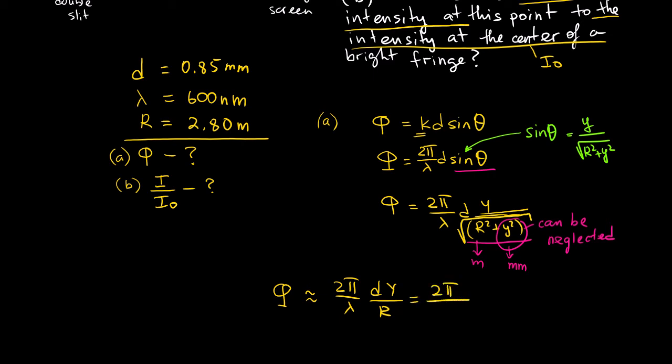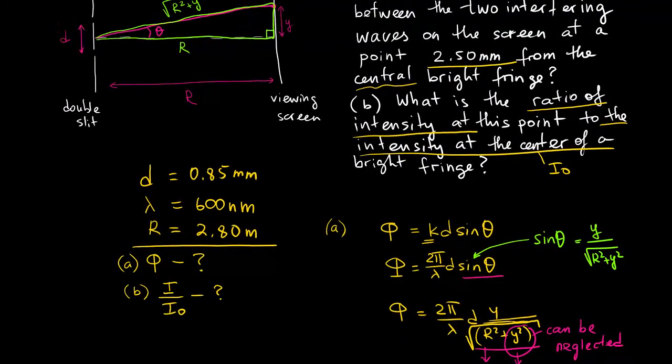2 pi over 600 times 10 to the negative 9 meters times 2.8 meters. On the top we have the d as 0.85 times 10 to the negative 3 meters, and for y we had a value that I forgot to put in my list.